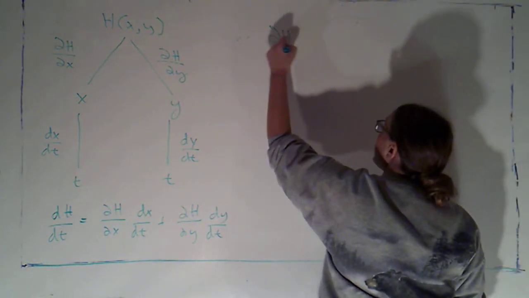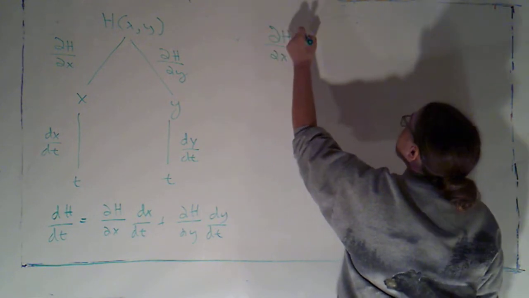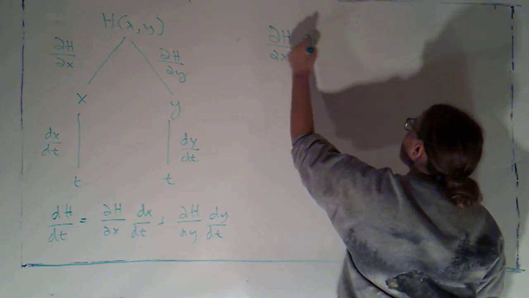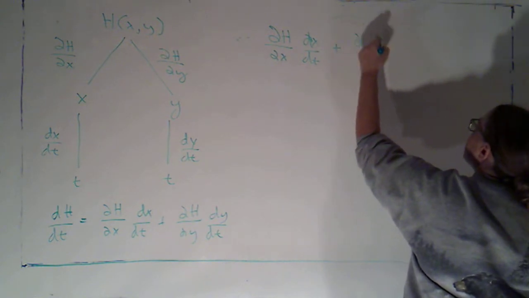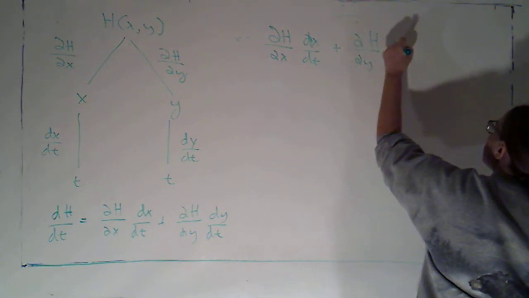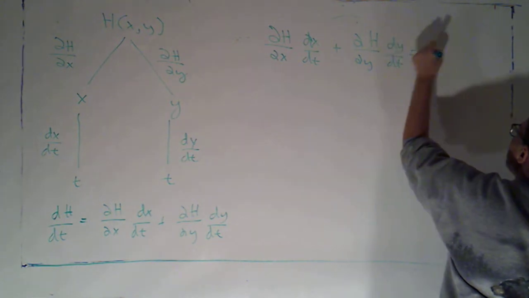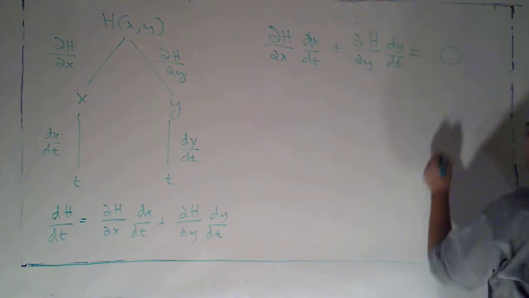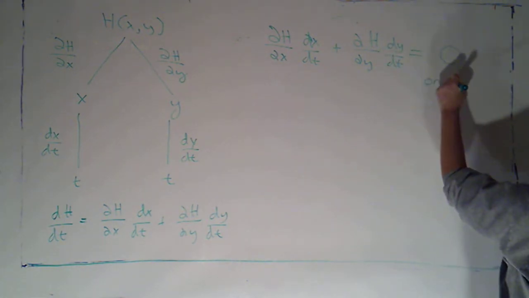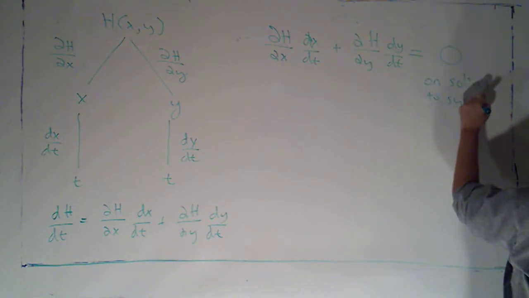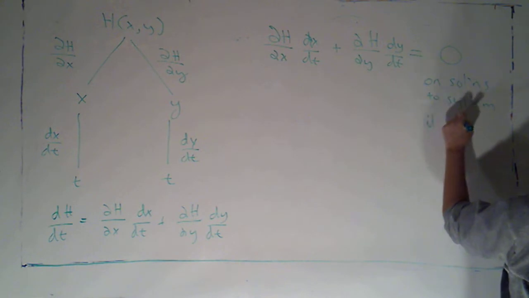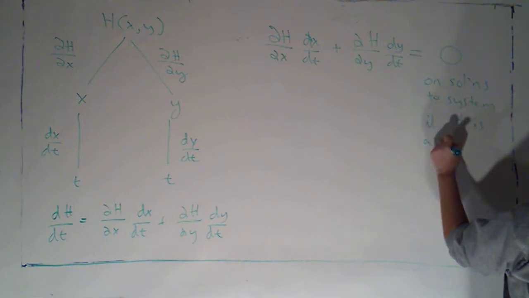So I know that the partial of h with respect to x times dx by dt plus the partial of h with respect to y times dy by dt will equal 0. That will be true on the solutions to the system if h is a conserved quantity.